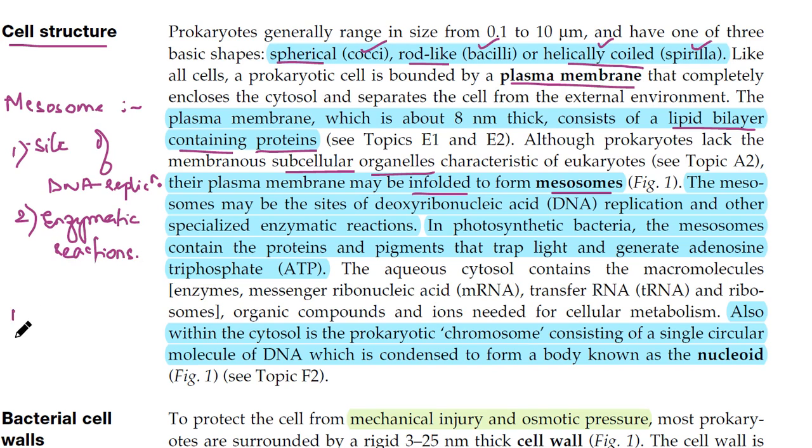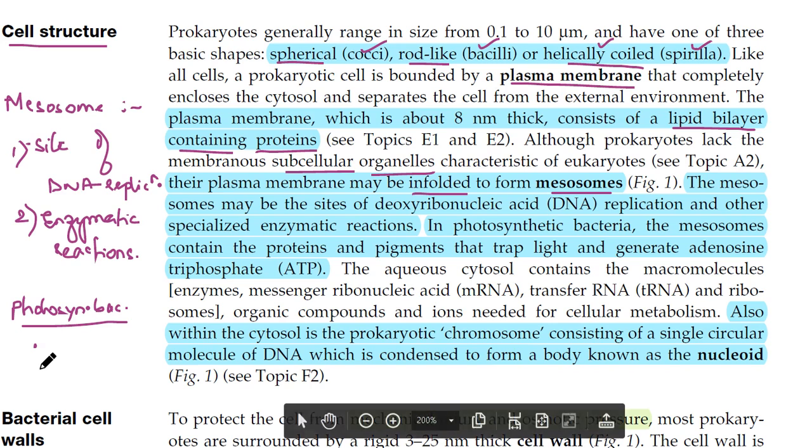For photosynthetic bacteria like cyanobacteria, they are the site of photosynthesis. The mesosome contains proteins and pigments which help to trap light and generate ATP.